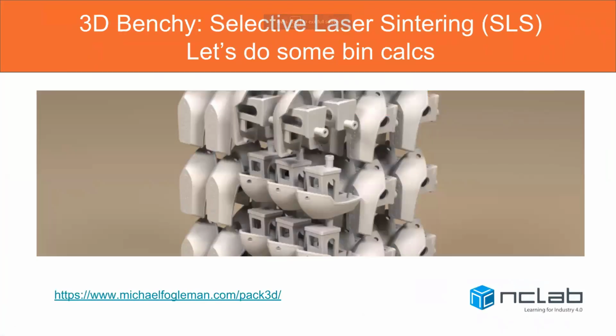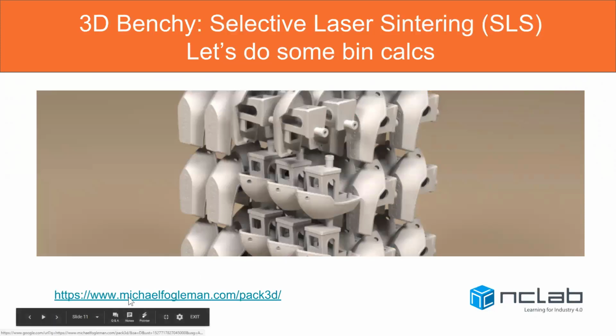Okay, so here's our benchy friend again, and I like this picture because it shows you that advantage of bin processing. You can see how all the little boats are stacked really closely together. So you could use SLS for producing small runs of an item, and there's all kinds of software that you can use to help with packing.